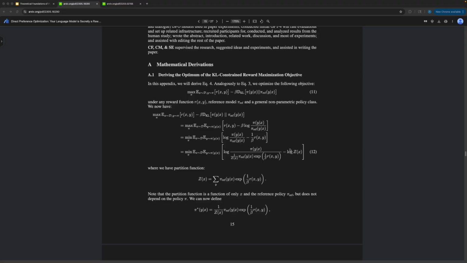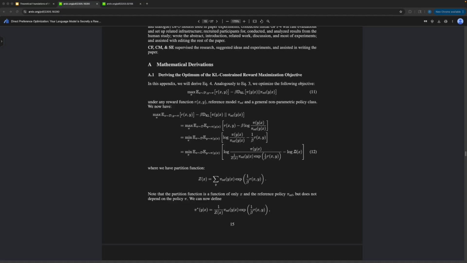So all in all, we added two terms, minus log of z of x and plus log of z of x, and the plus log of z of x went inside and became 1 upon z of x. So now we want to minimize this entire expression.